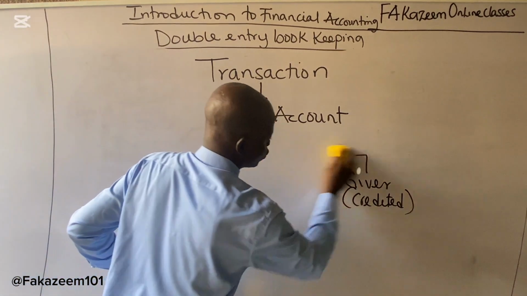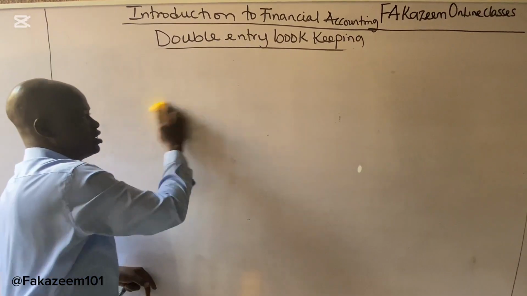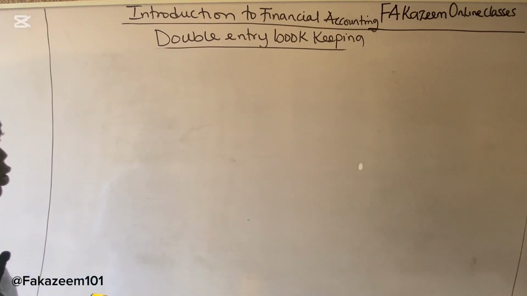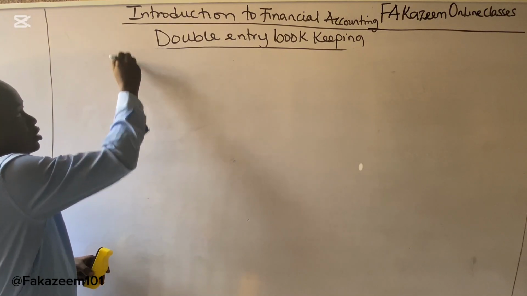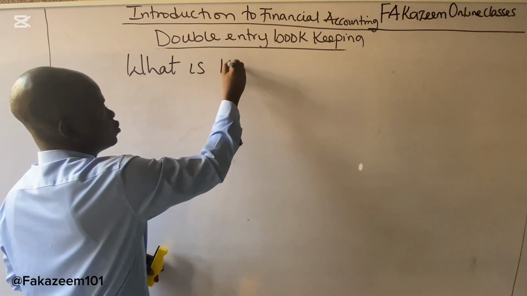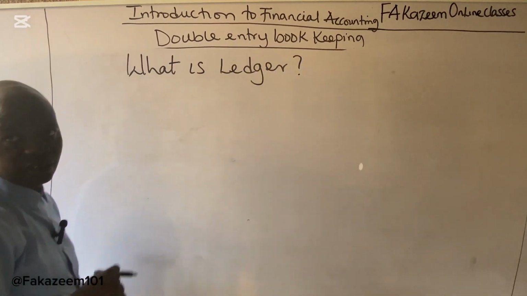Now, let's go into details. The first thing we are going to look at is we are going to be using one of the books of account to explain double entry. We'll start with what is a ledger.